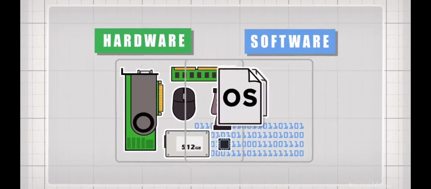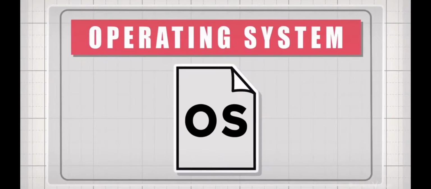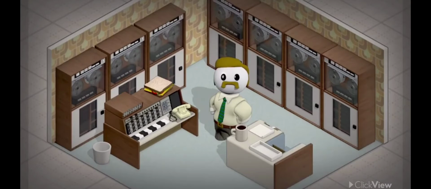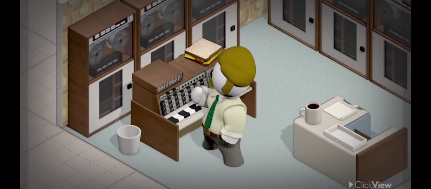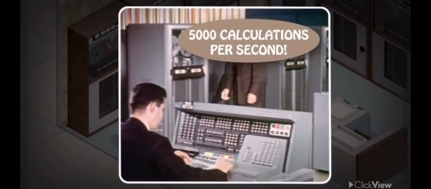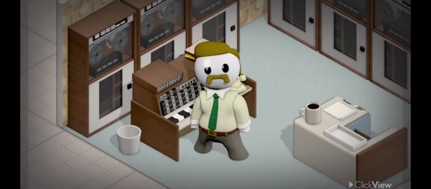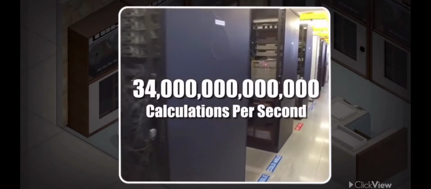But there is one program that brings them all together, and that's the operating system. To consider what the operating system is, let's go back in time to the invention of digital computers. They could handle around 5,000 complex calculations per second. Impressive for the time, but today's supercomputers perform nearly 34 trillion calculations per second.